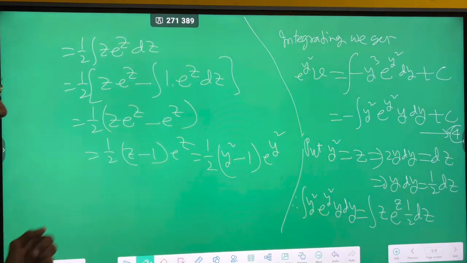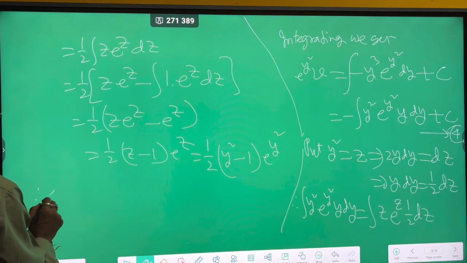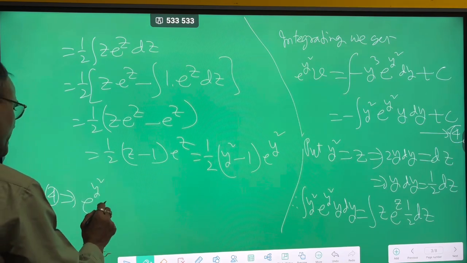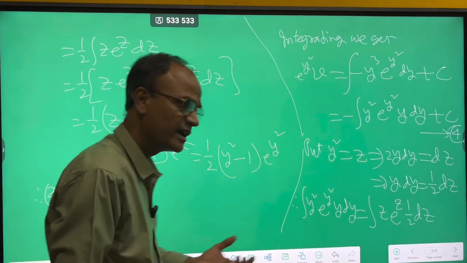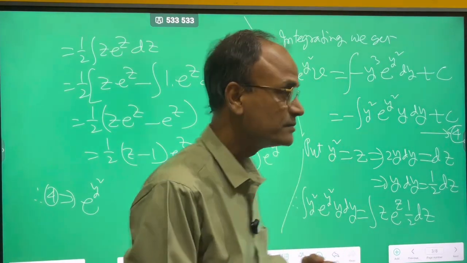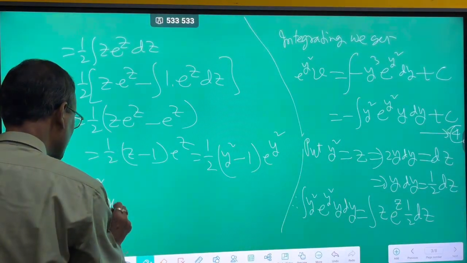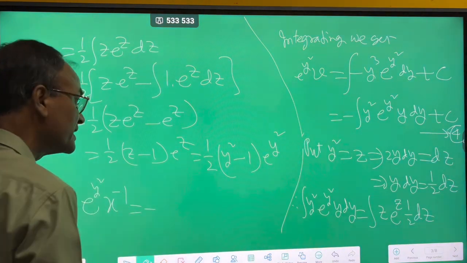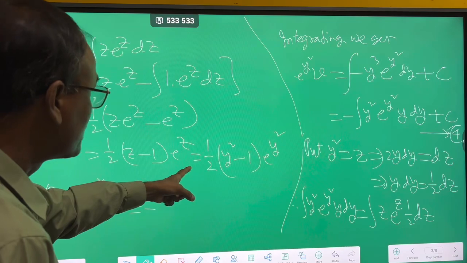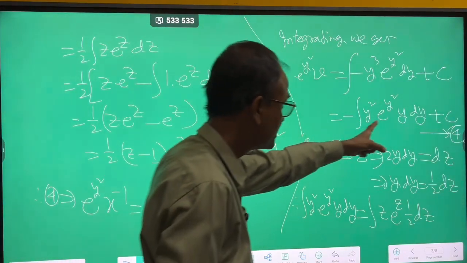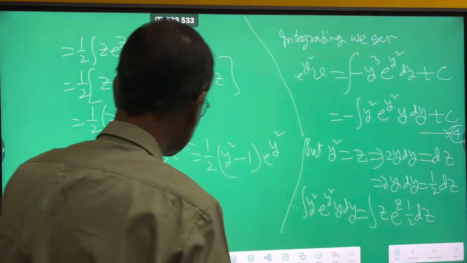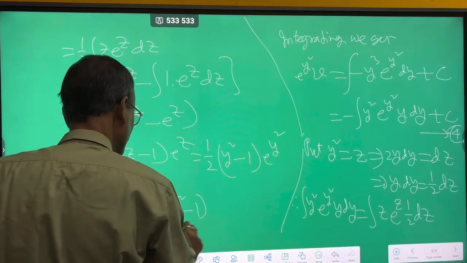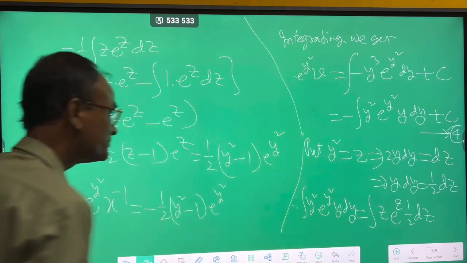Therefore, 4 implies e to the power y square. For v, you may write x to the power minus 1 here equal to minus. This integration is minus half y square minus 1 e to the power y square plus c.